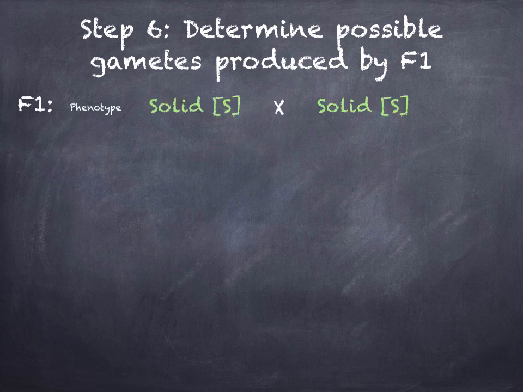We have just established that our F1 individuals are 100% solid in terms of phenotype, so you can indicate them in brackets with a big S. They are now the two parents, even if we call them F1. And we know that their genotype is big S, small s in all cases. 100% of the F1 are heterozygous, so they have one solid allele and one spotted allele.